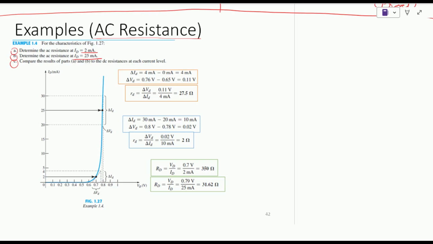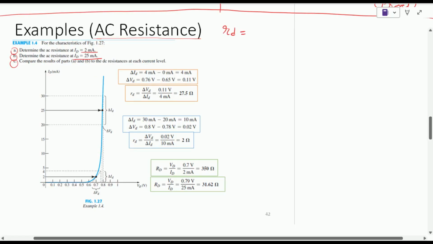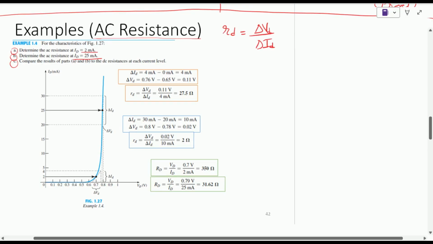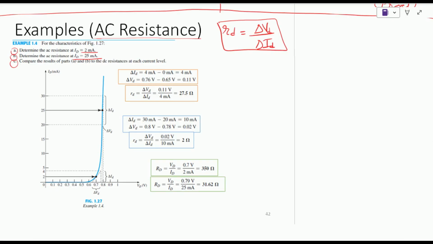In order to find the AC resistance in this example, we have used the equation rd is equal to the rate of change of the voltage over the rate of change of the current, so this is delta Vd by delta Id. This is the first equation that we have seen, and it has been utilized over here. So what is happening when we take the current at 2 milliamps? On the characteristic curve, which is the blue line provided to us, the first step is to draw a tangential line as shown over here.